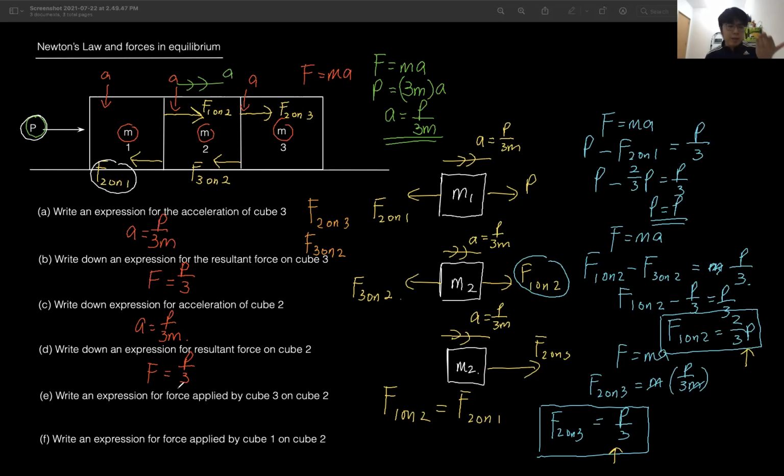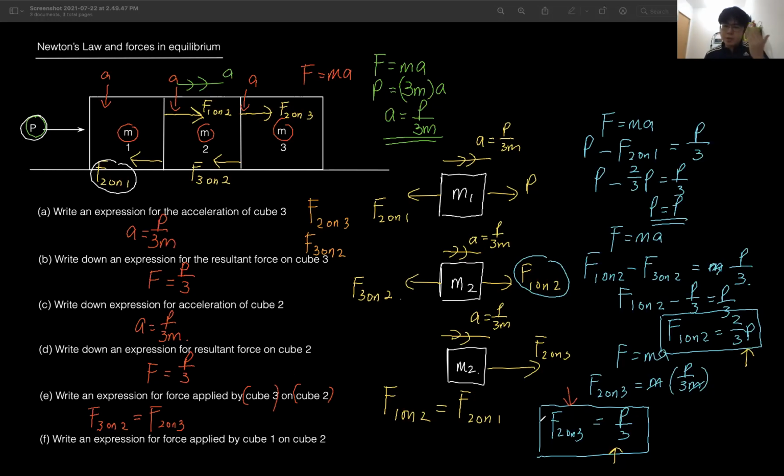E, write an expression for force applied by cube 3 on cube 2. So this question is asking about the contact force. Cube 3 on cube 2, meaning that we want 3 on 2. And we know that it is the same as 2 on 3. What is my 2 on 3? This one.